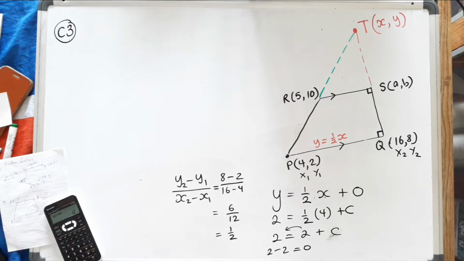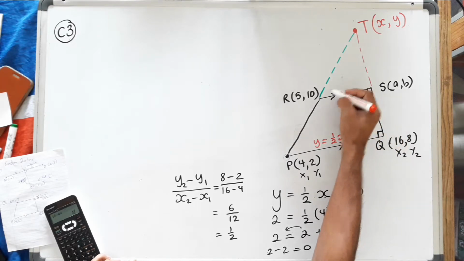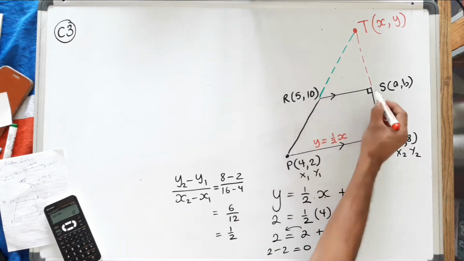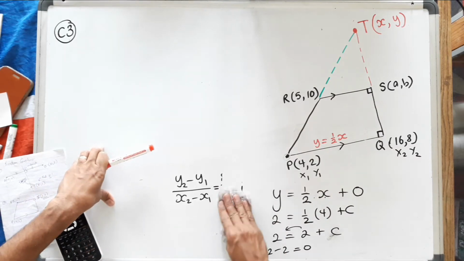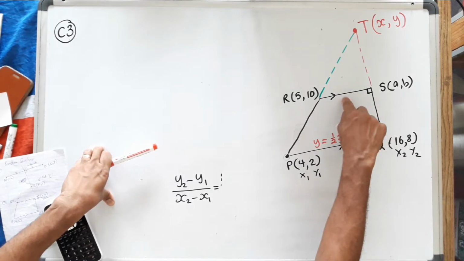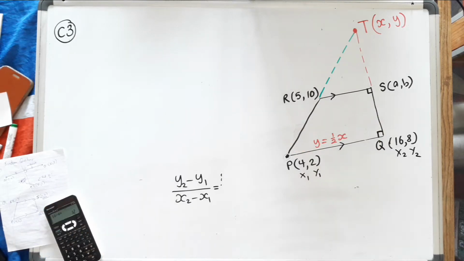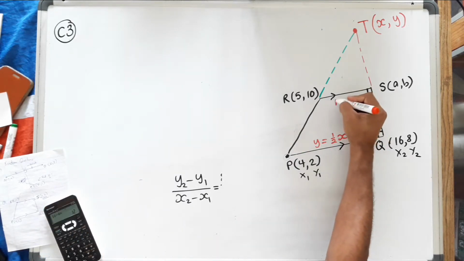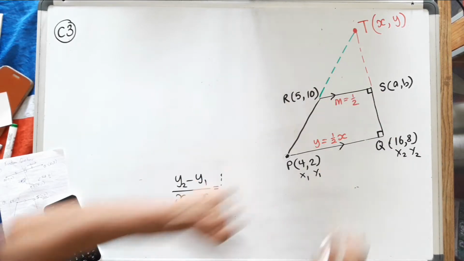Well, I think we should now try to find the equation of this line, of R to S. That's going to be super easy, because this line is already parallel to this line, so we know something about it already. We know that the gradient of this line is automatically a half, because these two lines are parallel.